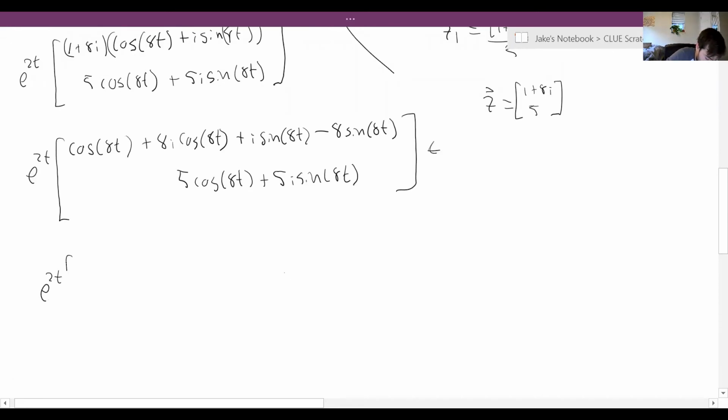Let's look at the first component of this vector. What terms don't have an i in it? We've got cosine of 8t. Then, okay, that's got an i in it, this one's got an i in it. This one doesn't, so minus 8 sine of 8t. Then let's look at the second component. No i and an i, so we're just going to keep this one. Actually, I'm going to put this in parentheses.